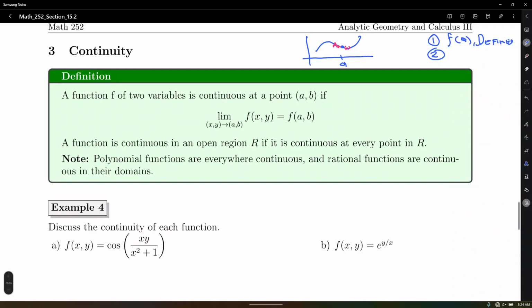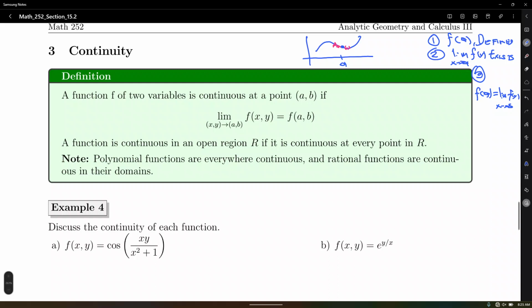That is, the limit of f of x as x approaches a exists. And condition number three, and most important, is that f of a equals the limit of f of x as x approaches a. So that's essentially combining conditions 1 and 2. So there were three conditions we needed to check.